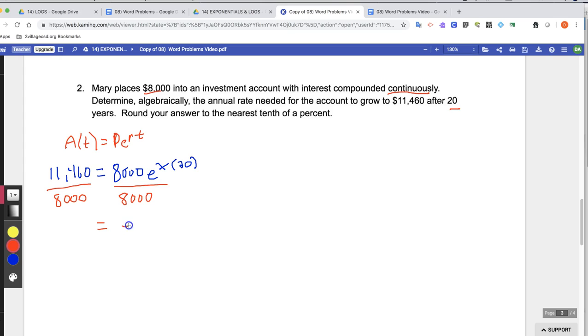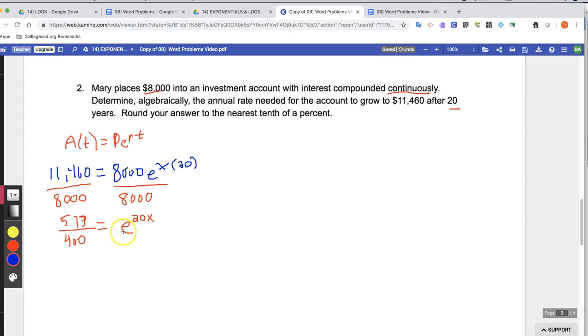So on the right side, we'll get e to this x times 20, and since multiplication is commutative, I'm just going to write that instead as 20 times x. And on the left-hand side, we can input that into our calculator, and I'm going to leave the answer that I get on my calculator as a fraction in simplified form, which should be 573 over 400.